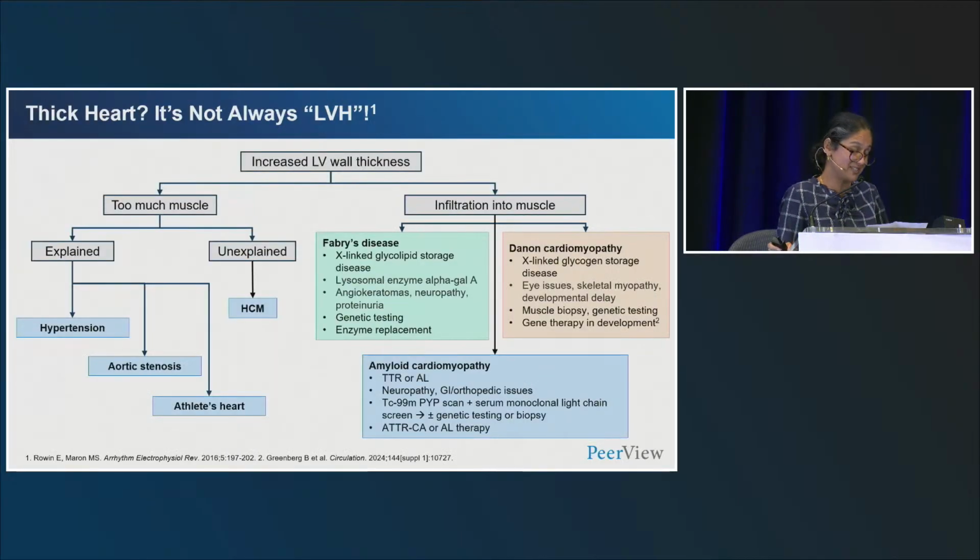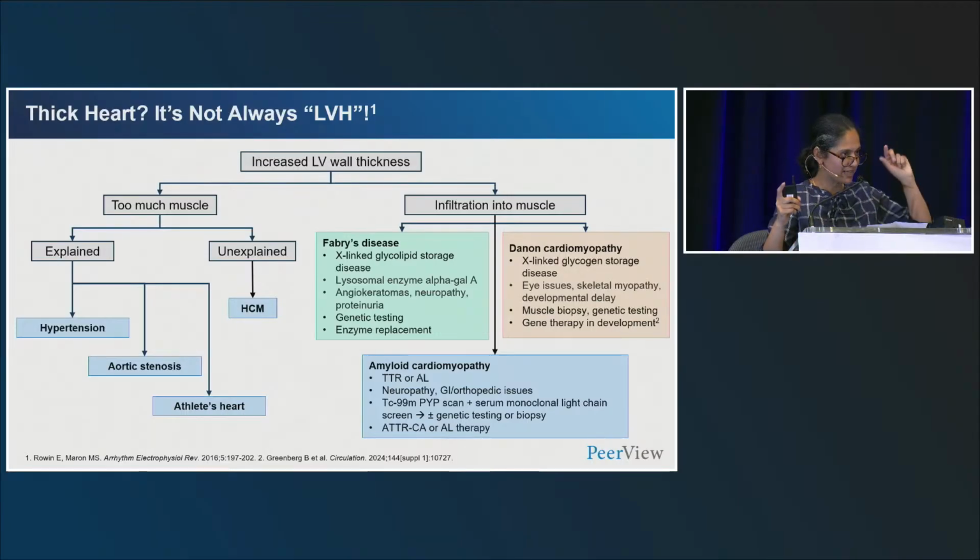Now, one of my pet peeves in life, and I have many, is when an echocardiogram report says LVH. Wait a minute. The walls are thick, but do you know it's muscle that's making it thick? Because left ventricular hypertrophy, by definition, is the muscle is thick. But if the report says LVH, then already you're anchoring yourself away from half the reasons you can have LVH.